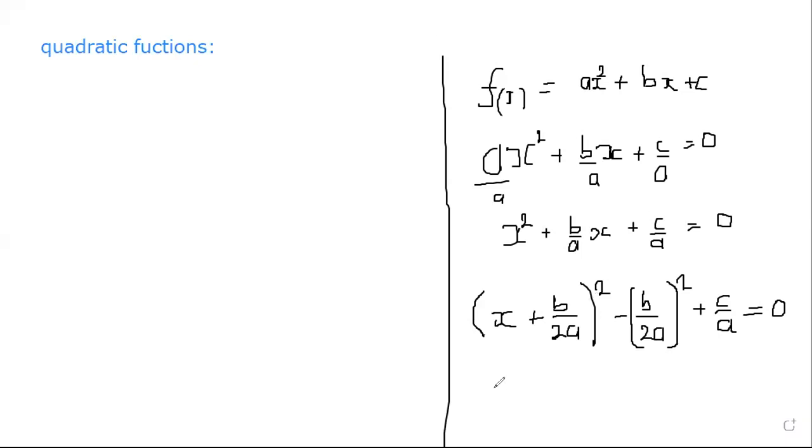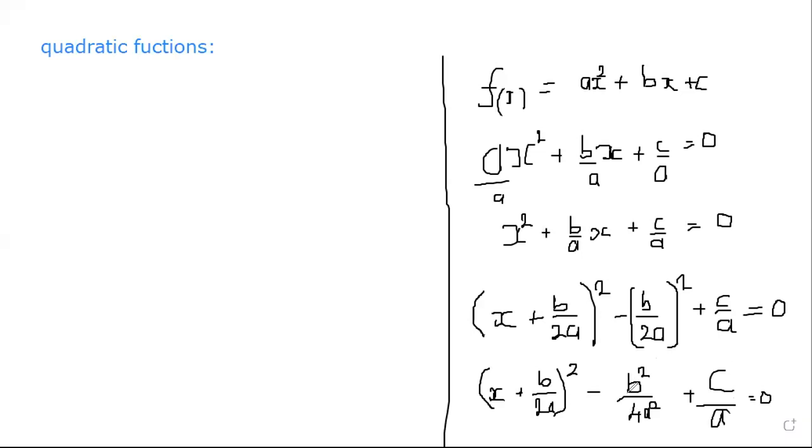Okay, so x plus b over 2a, the whole lot of this squared, minus b squared over 4a squared, plus c over a is equal to 0.